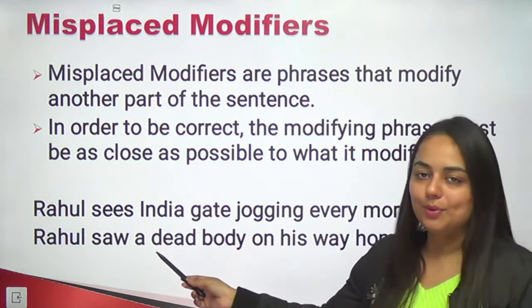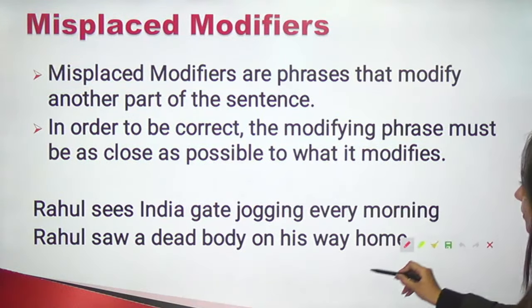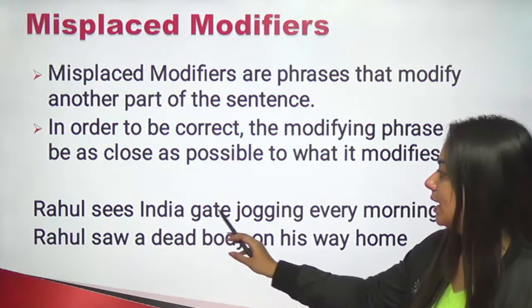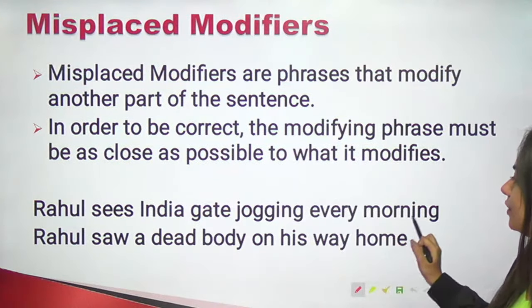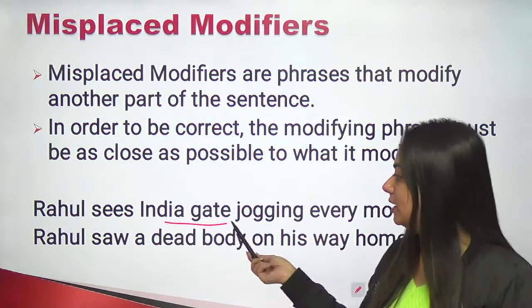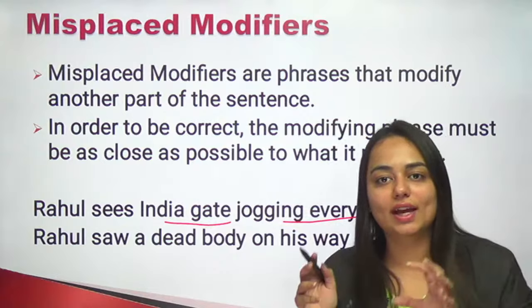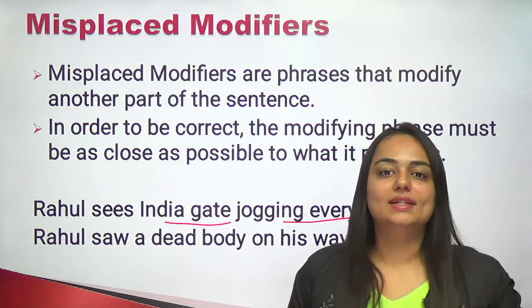So, for example, a wonderful example it is. Rahul sees India Gate jogging every morning. So, it is as if India Gate is jogging. Shouldn't it rather be "while jogging every morning"? Rahul sees India Gate.